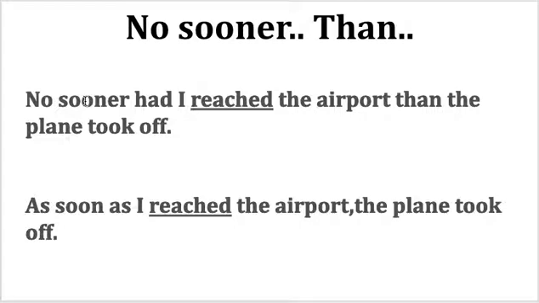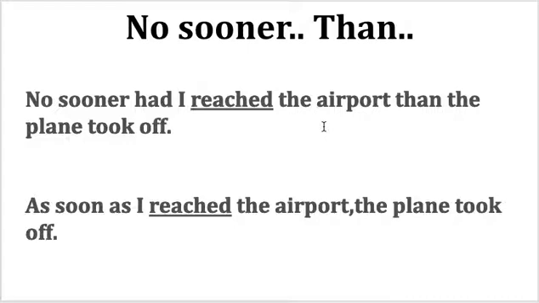Now the first sentence I have written here: no sooner. You have to know that here "than" is spelled THAN. It's a comparative degree. It's not THEN, the other one; that's a different spelling altogether. So learn this: No sooner had I reached the airport.